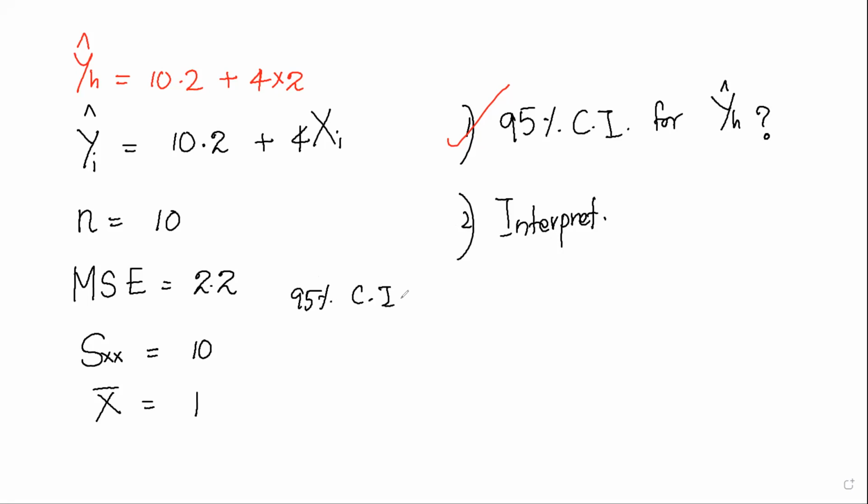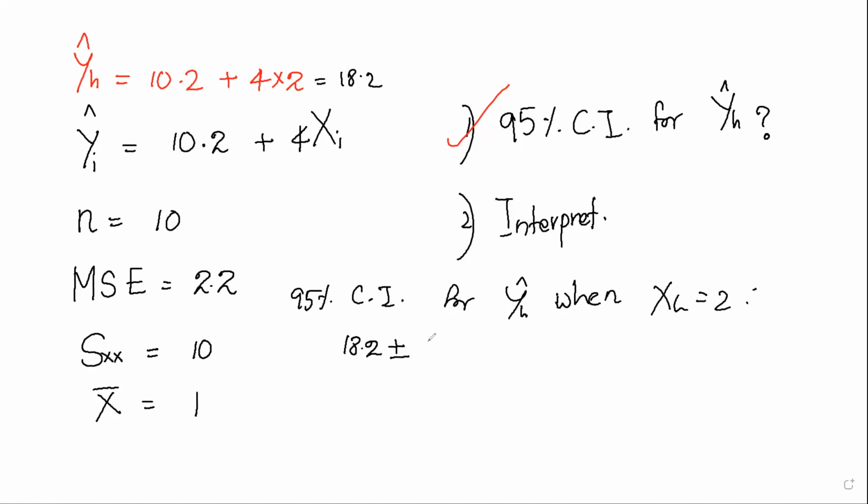95% confidence interval for YH hat, or you can say expected value of YH, doesn't matter. You can even say when XH is equal to 2. Doesn't matter, you can either have this or not. So this is equal to 18.2, this is 8 plus this quantity, 18.2 plus or minus, right?